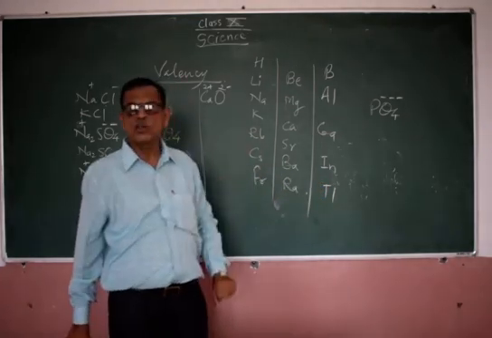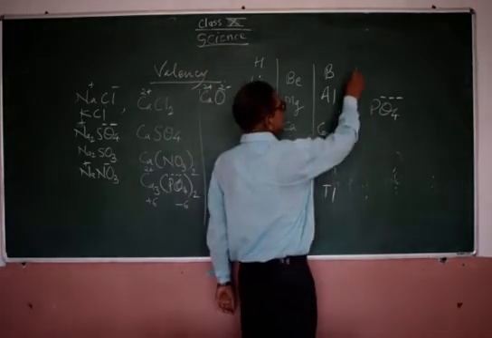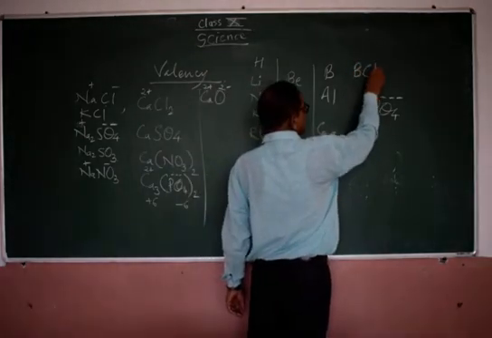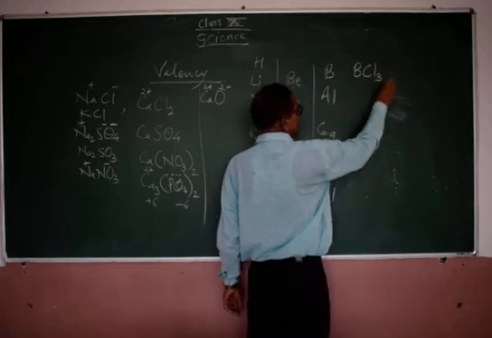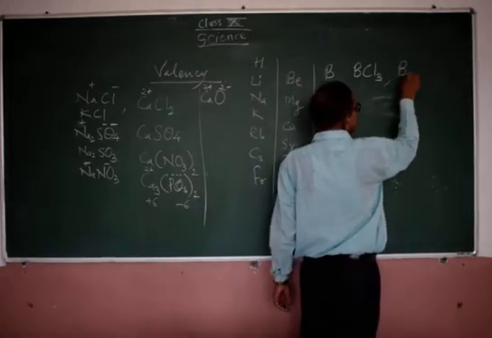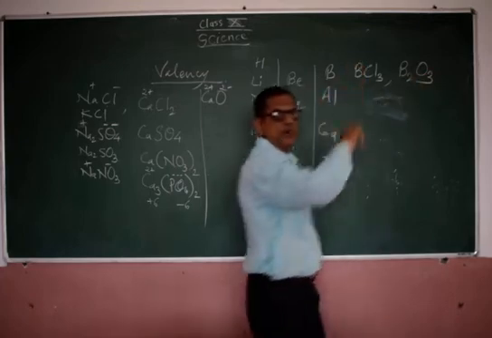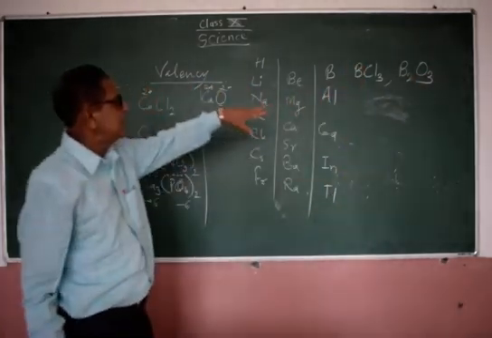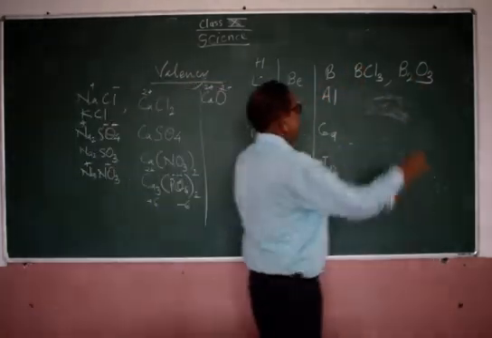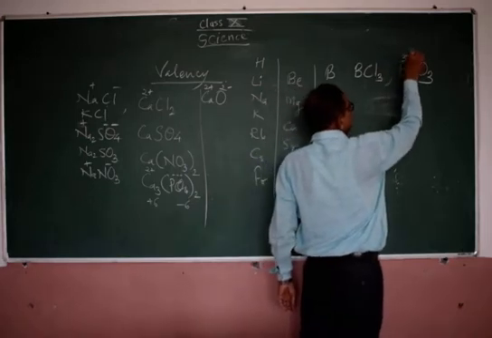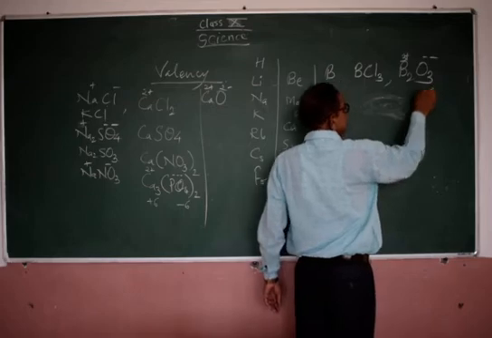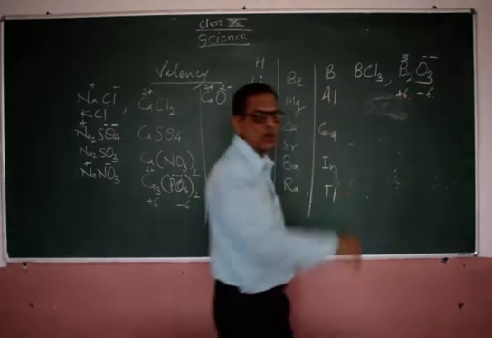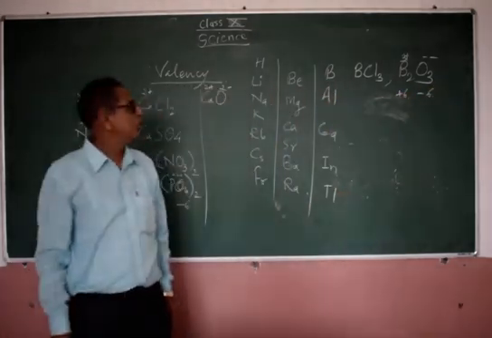Now you know boron trichloride. We can write its formula as BCl3. We can also write the formula of boron oxide, B2O3. Here the valence is 3 positive, and the total charge is -6 and +6. So boron oxide is B2O3.